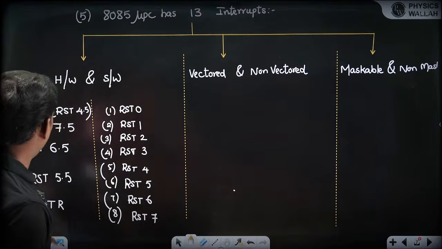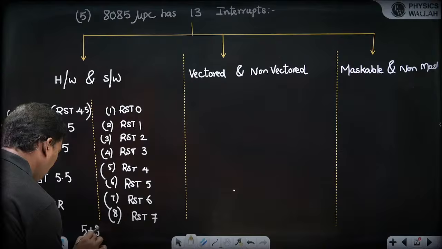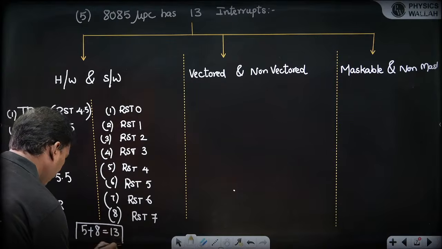Eight plus 5, that is equal to 13 interrupts.